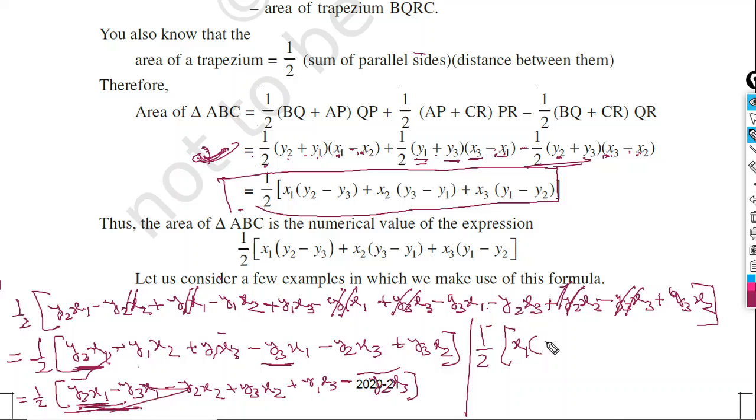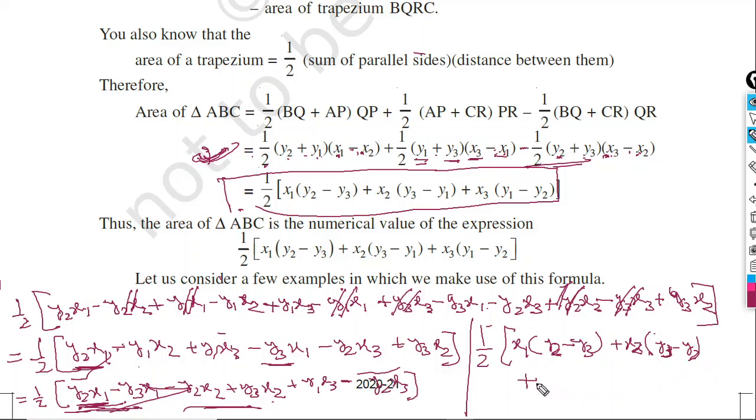So 1 by 2 will be common, then x1 into (y2 - y3). Then for these two terms you can take x2 as common, so plus x2 into (y3 - y1).